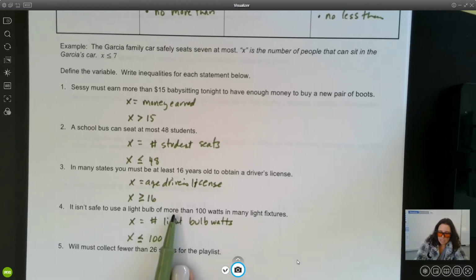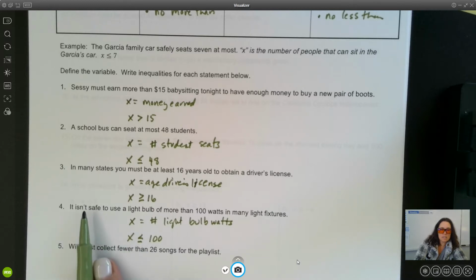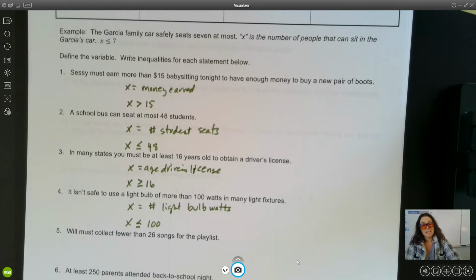A lot of kids would see this more than and think that it's going to be the other way around. But it says it isn't safe. So we need to be careful on reading, really reading and analyzing what it's saying.